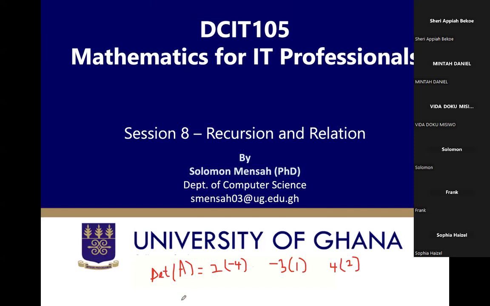If I'm introducing my plus minus, right, let me use a different color. So I can bring my plus here, I can bring my minus here, I can bring my plus here. So what do we have? We know that this one is expected to be plus 2 times -4, that's -8.